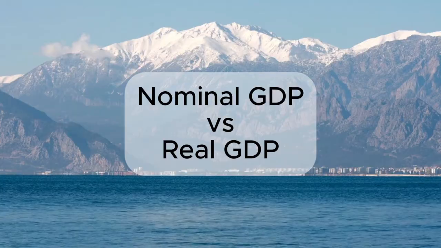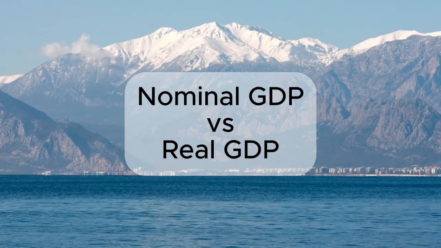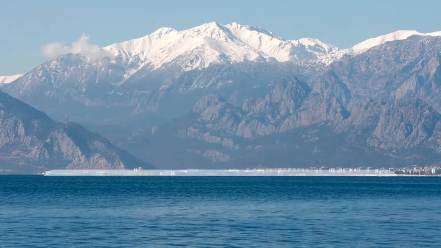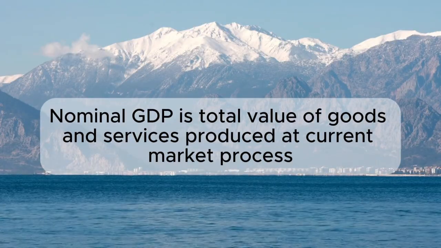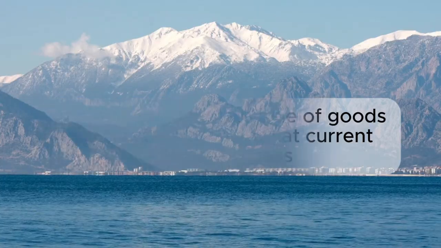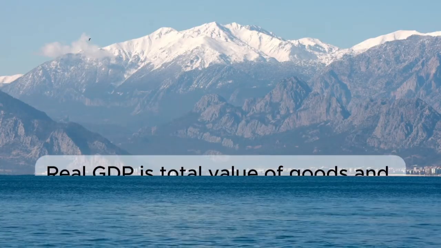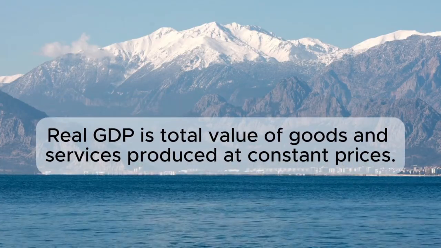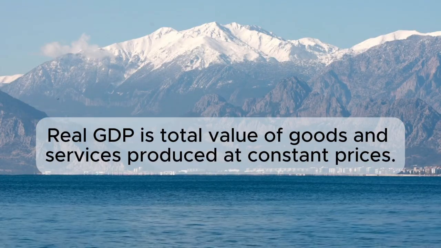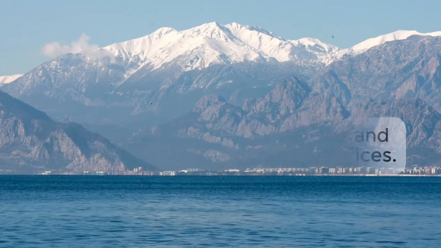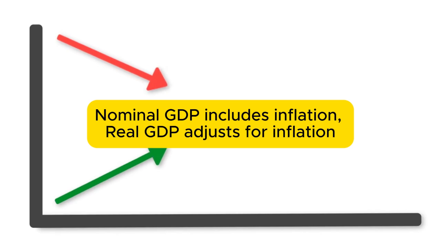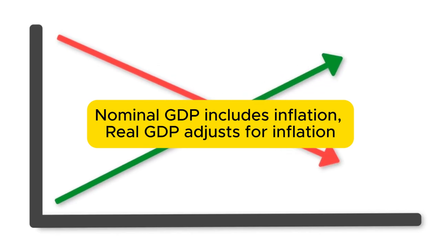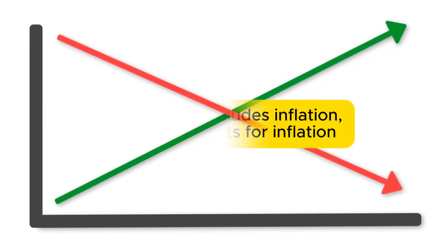These are the differences between nominal GDP and real GDP. The definition of nominal GDP is the total value of goods and services produced at current market prices, while the definition for real GDP is the total value of goods and services produced at constant prices. The impact of inflation: nominal GDP includes inflation, while real GDP adjusts for inflation.